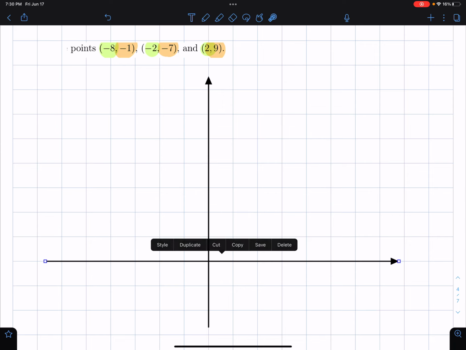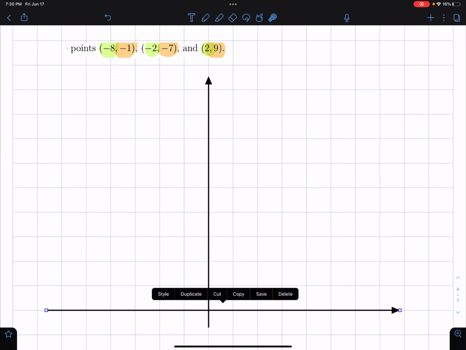Oh no. Okay. 1, 2, 3, 4, 5, 6, 7, 8, 9. Again, 1, 2, 3, 4, 5, 6, 7, 8, 9. Okay, so that's 2, 9. I don't know why I did that first. Somehow it caught my eye.